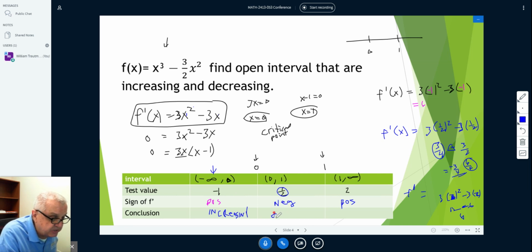Negative means our function is decreasing, and positive means our function is increasing. Sorry, it's really messy. Maybe I should try to clean that up a little bit.